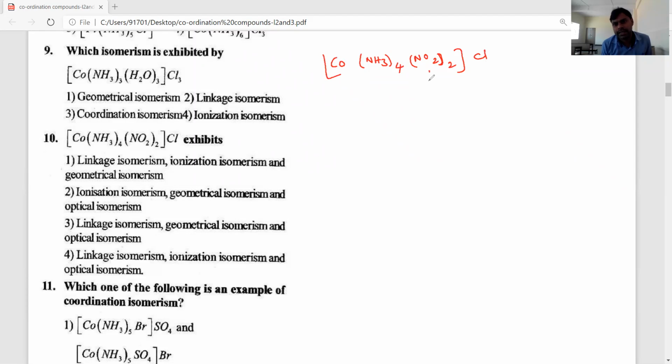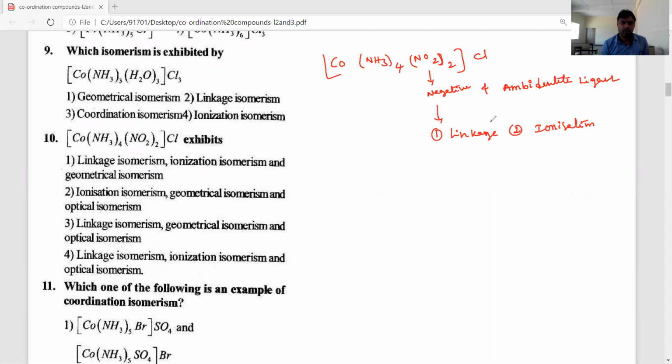It has a negative ligand, negative and ambidentate ligand. So it exhibits linkage and ionization isomerism. Linkage and ionization isomerism.